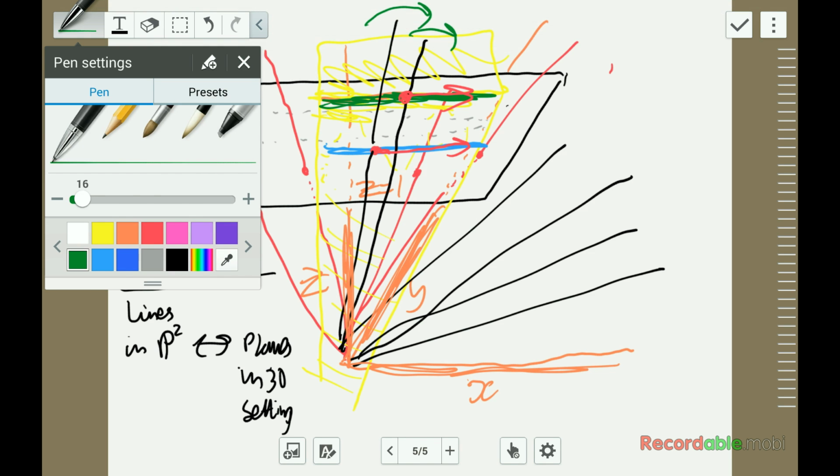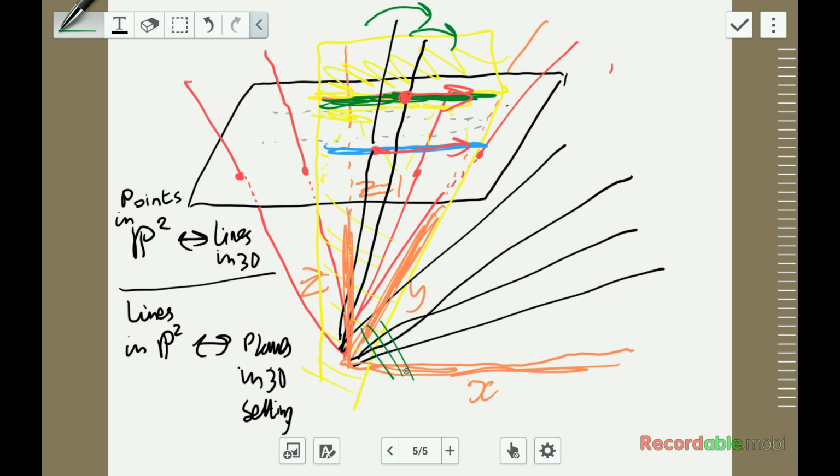So there is indeed a plane where Z equals 0. And if these red points move far enough, then the black lines that go through them, in the limiting case, start to get very close to this Z equals 0 plane.